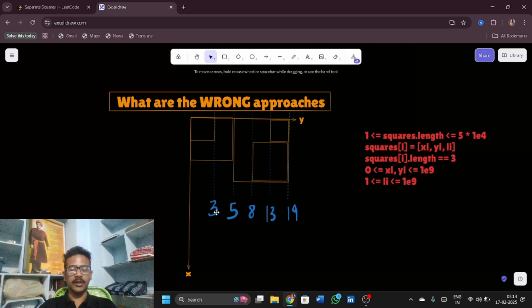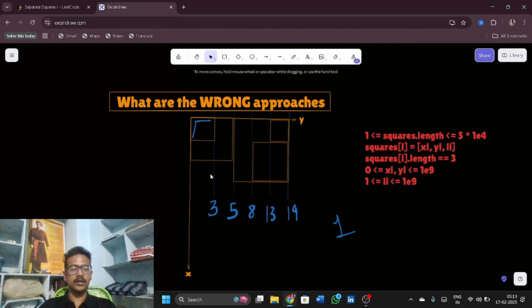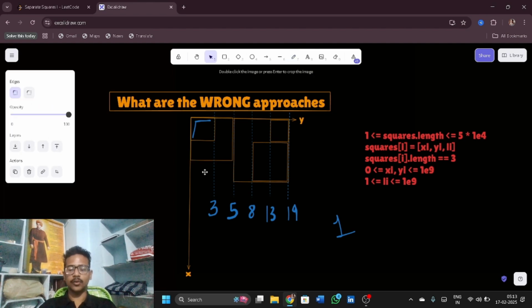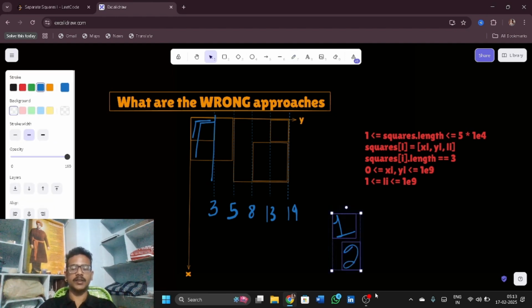Here I have 3. How did I get 3? Here is one square, so I calculate 1 into 1, which is 1, and here is another square of side length 2. So 2 into 1, only till here, is 2. So 1 plus 2 is 3.